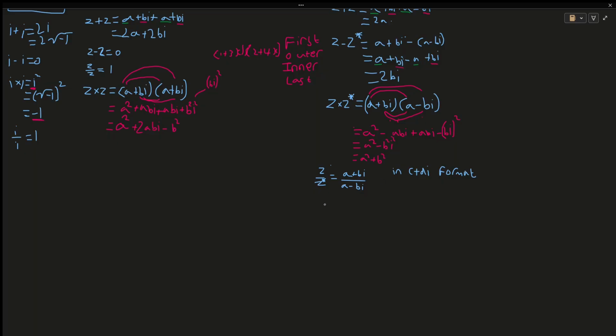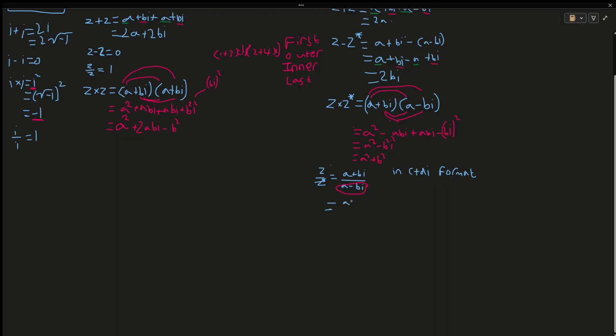So what you'd want to do is multiply by the conjugate of the denominator. So where's the conjugate of the denominator? I don't like the highlight.